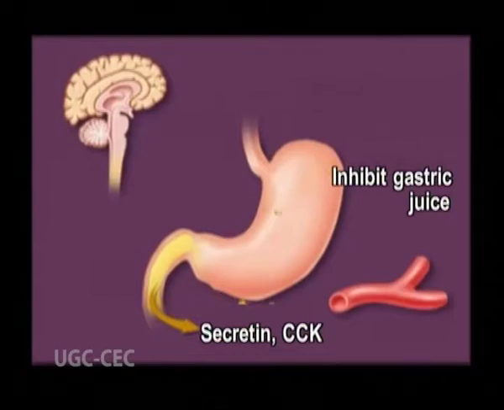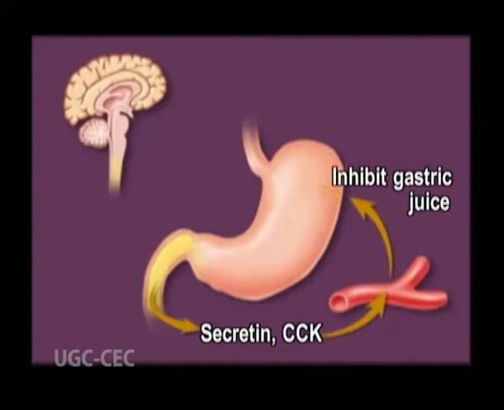Besides this major effect, secretin inhibits secretion of gastric juice, promotes normal growth and maintenance of the pancreas, and enhances the effects of CCK. Overall, secretin causes buffering of acid in chyme that reaches the duodenum and slows the production of acid in the stomach.